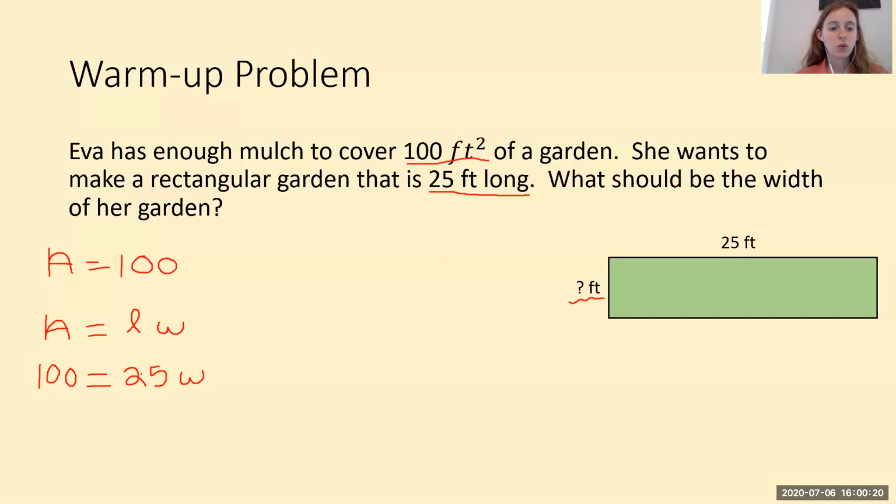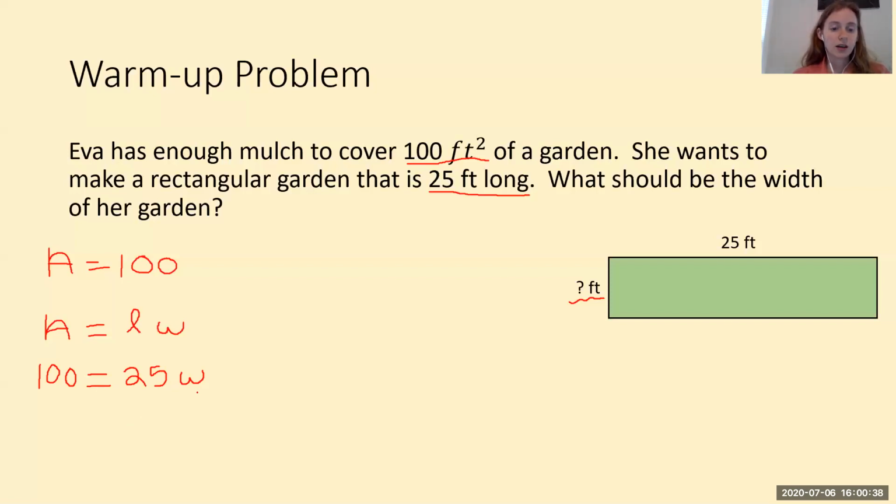So we're saying that 25 times something equals 100. You might be able to figure that out off the top of your head. You might know that 25 times 4 equals 100. But if you're not sure, you could do a little division to figure it out.